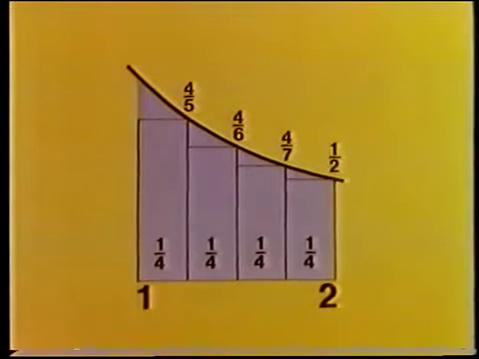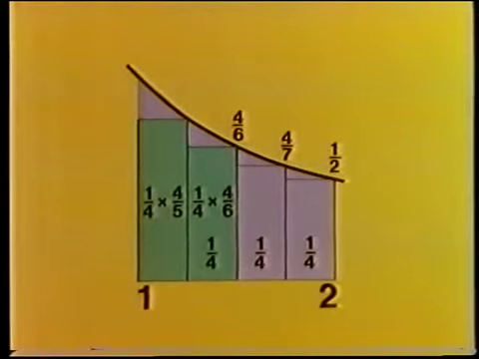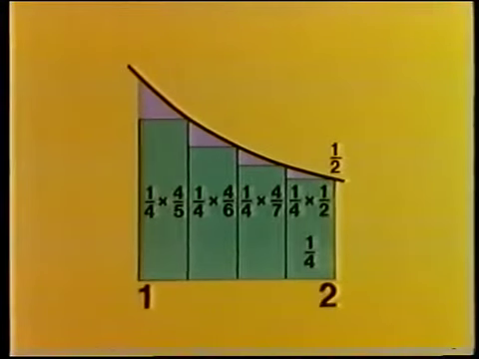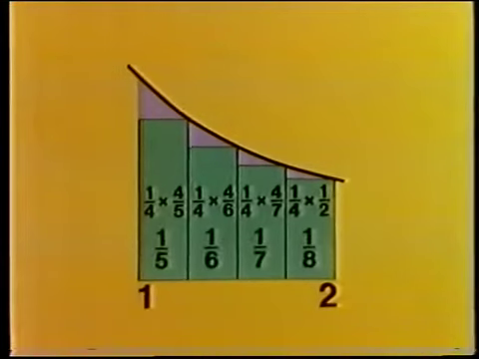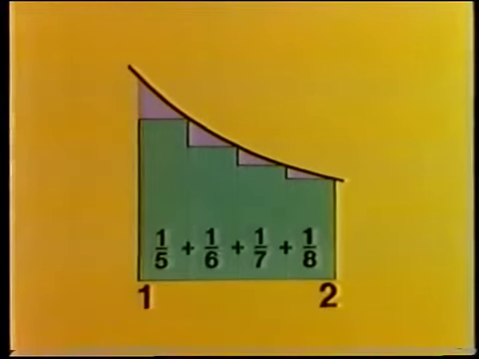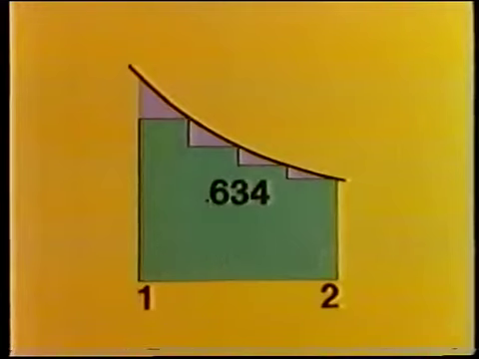And now we can calculate the areas of the 4 rectangles. So our underestimate is the sum of these, which works out to 3 decimal places as 0.634.